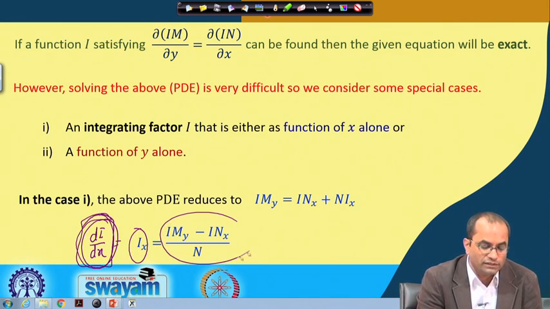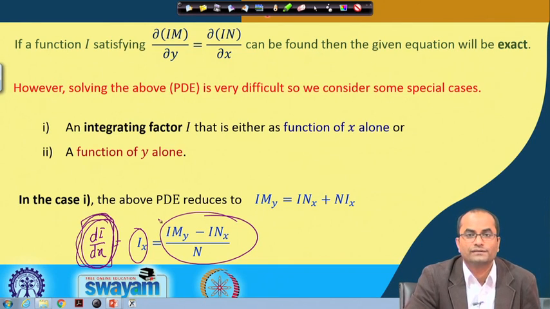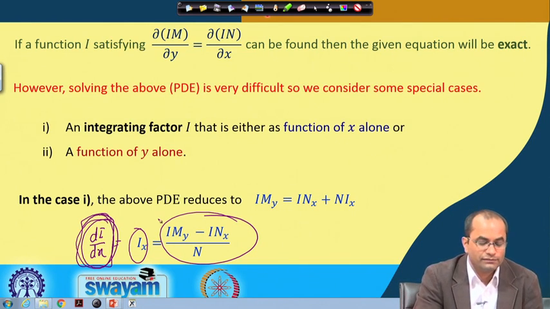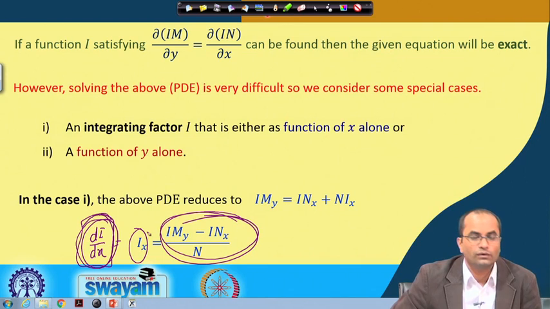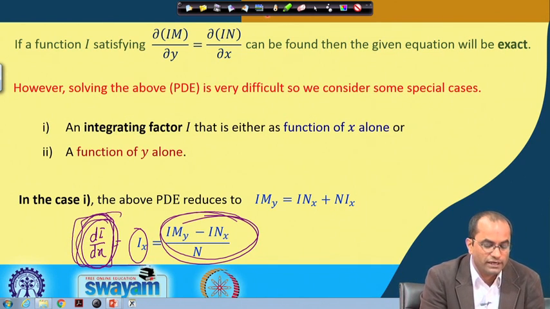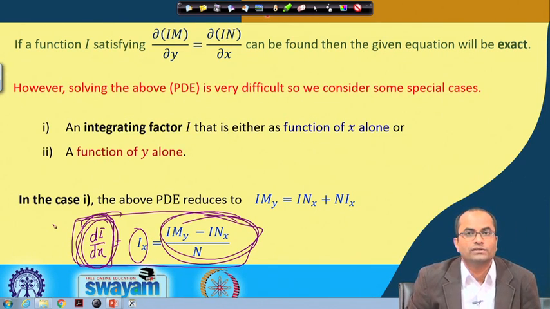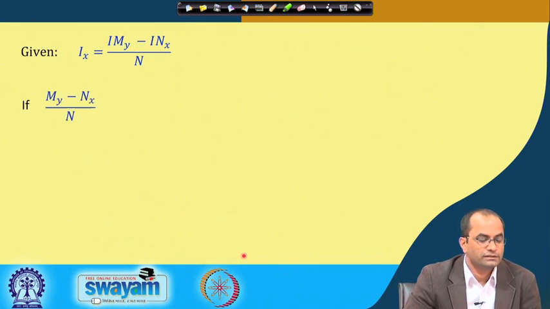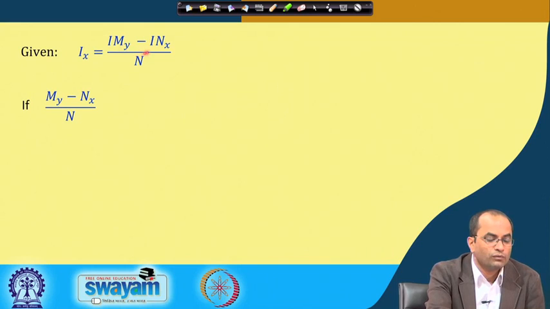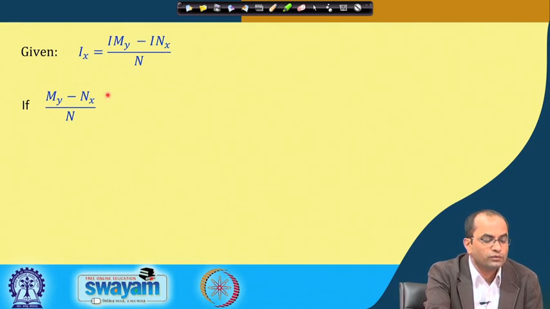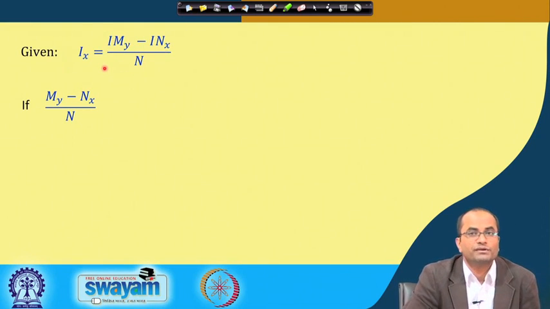So, if this one here is a function of x alone, another assumption, then we can solve perhaps this ordinary differential equation to get this I, the integrating factor. So, our next assumption would be that this (M_y minus N_x) over N is a function of x only, because I is anyway a function of x.